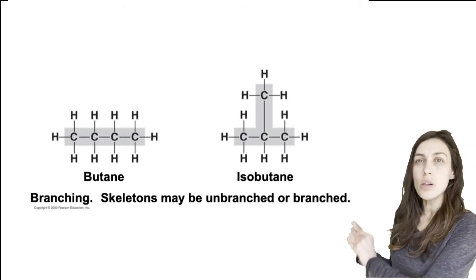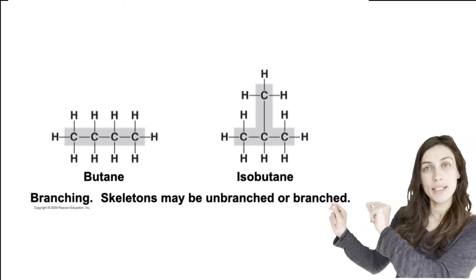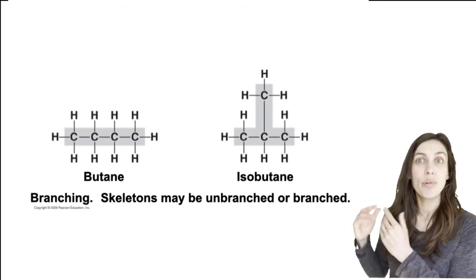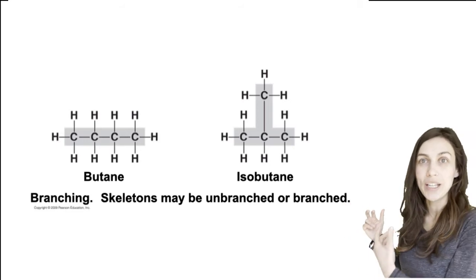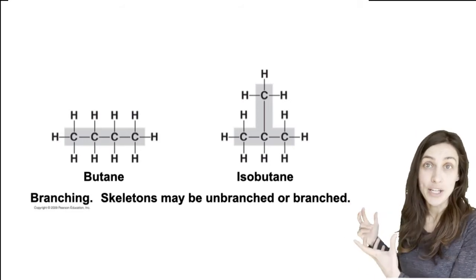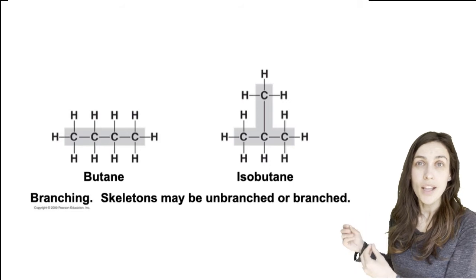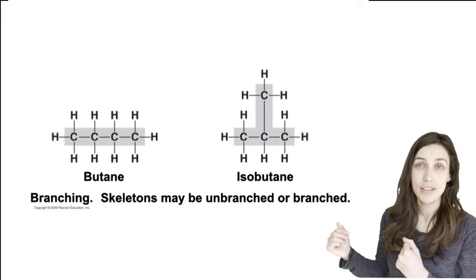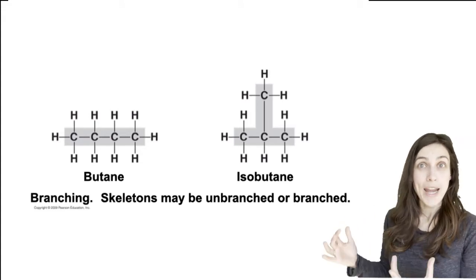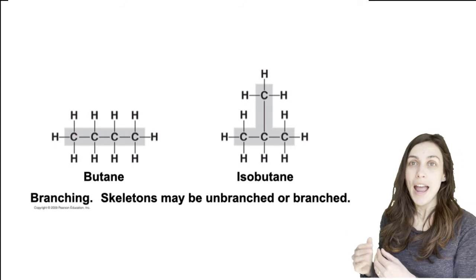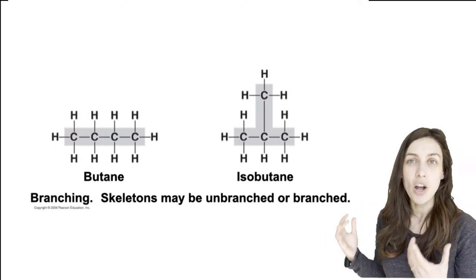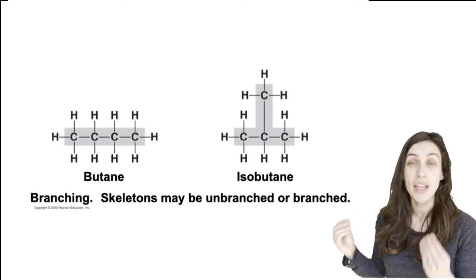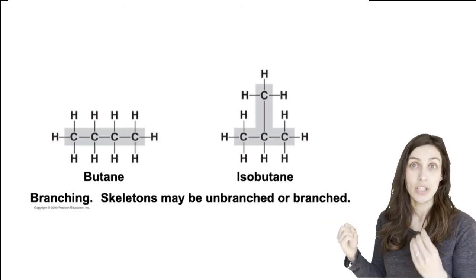So instead of all carbons being aligned just next to each other, they can be connected in a branched way, as is shown here by butane and isobutane. Of course, the more carbons that there are in a carbon skeleton, the more ways that you can branch it out. And when you get to the point of very large hydrocarbons, there are hundreds or thousands of ways that you could connect things together.